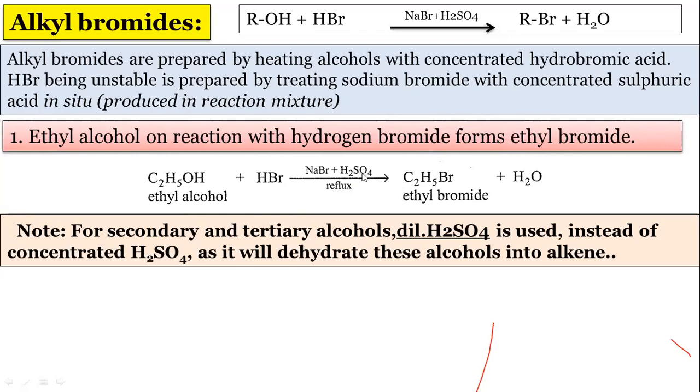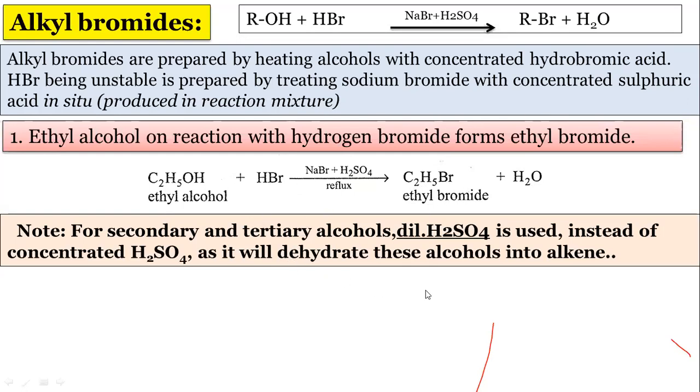HBr being unstable, it is prepared in the reaction mixture. In the last example, we saw that HCl is stable, so it is not prepared in situ, but HBr is, and we get C2H5Br. The OH is replaced with Br. Ethyl alcohol to ethyl bromide.